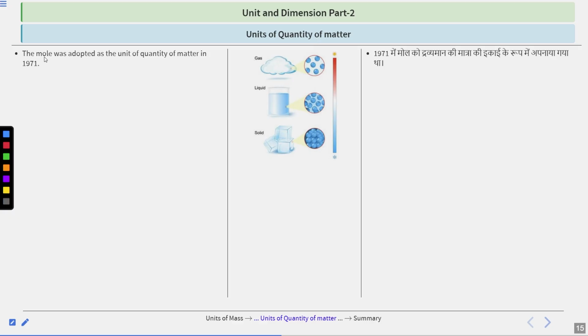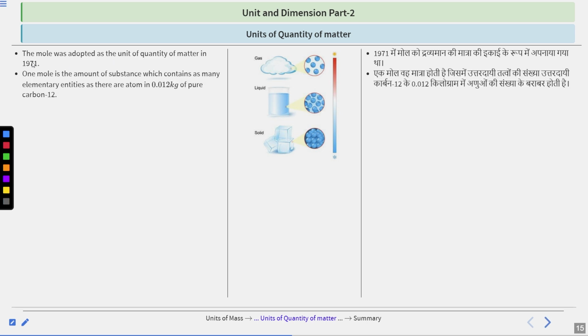For this, we adopted the mole as the unit of quantity of matter in the year 1971. 1 mole is the amount of substance which contains as many elementary entities as there are atoms in 0.012 kg of pure carbon 12.